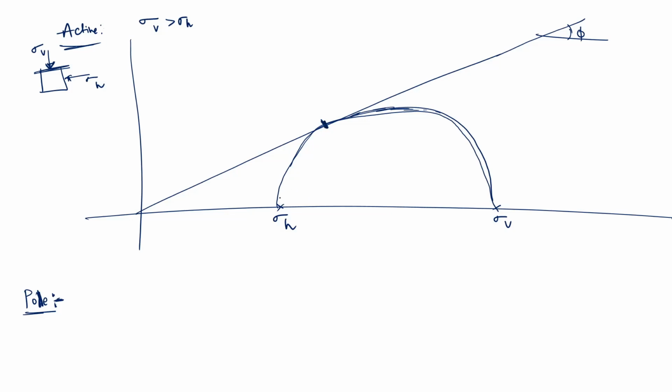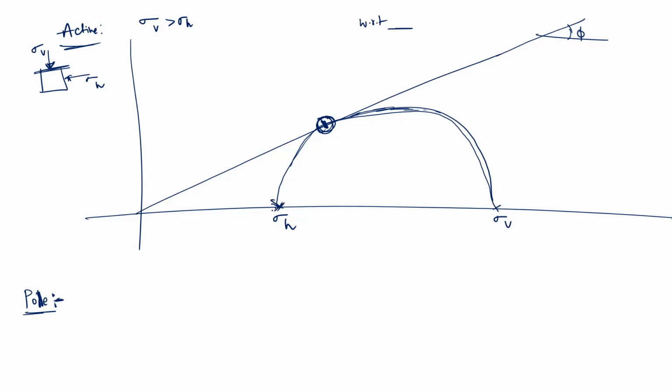So now what do I do? If you draw a line between the pole and this point, that line will show the angle of the failure plane, because this is the failure point, and the line between the failure point and the pole will give you the angle of inclination of the failure plane with respect to which plane, that I'll explain now, okay.